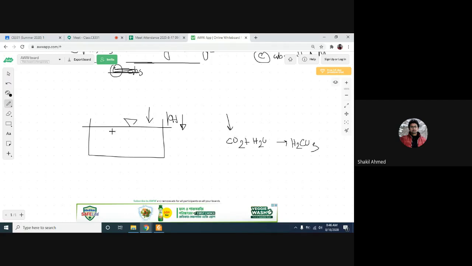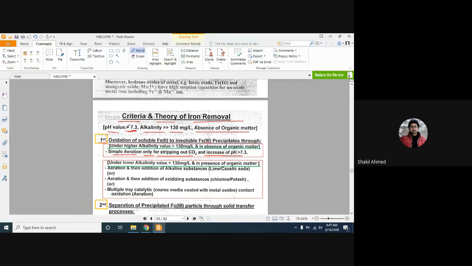Now, if you strip out carbon dioxide by aeration, if you aerate this water, then oxygen will go in, and the carbon dioxide already dissolved inside the water will go out. Now, if the carbon dioxide goes out, then your pH will increase. So that's your objective here, to increase your pH value. So you aerate your water to increase your pH value to 7.3 at least. Okay, clear?